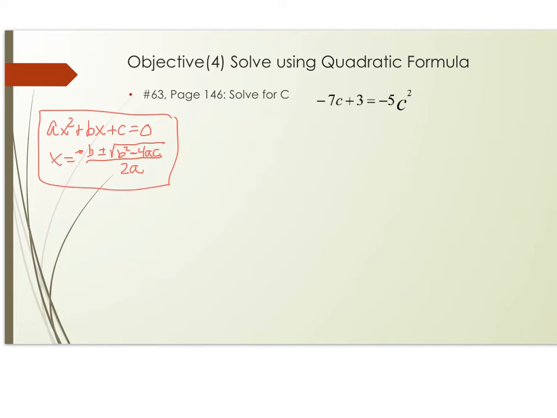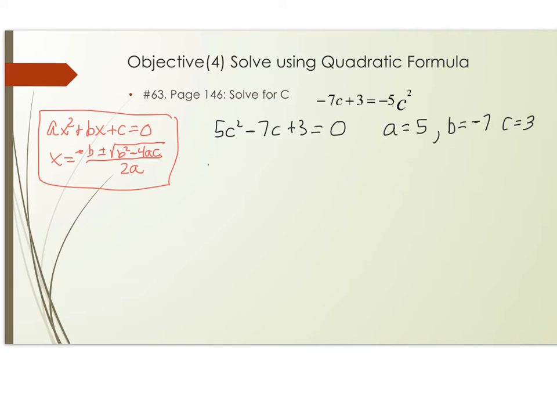So our problem, I'm going to put it in quadratic form. So it's going to be 5c squared, because I'm going to add 5c squared to both sides of the equation, minus 7c plus 3. This is equal to 0. So now I have a is equal to 5, and b is equal to negative 7, and c is equal to 3.